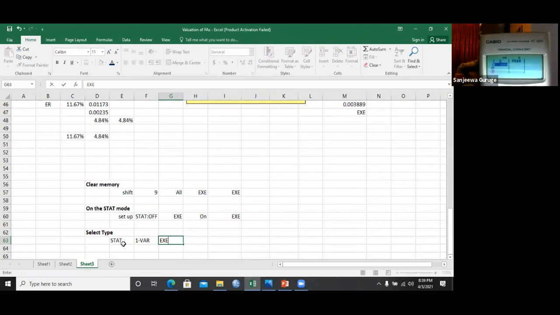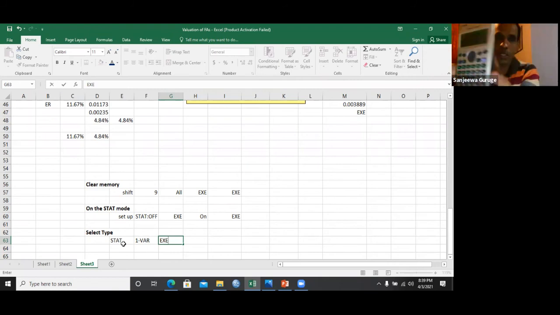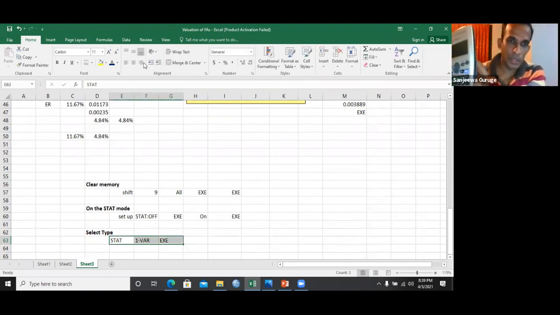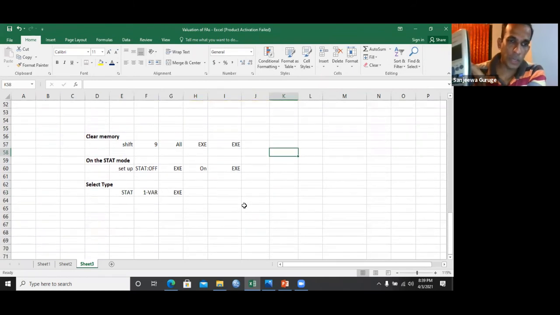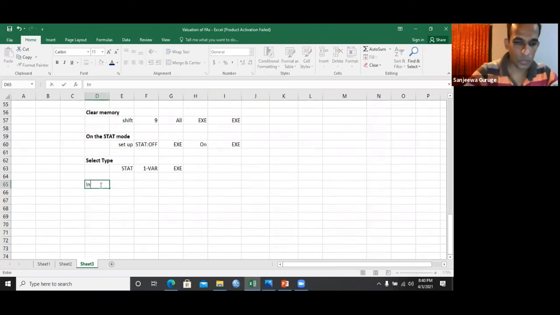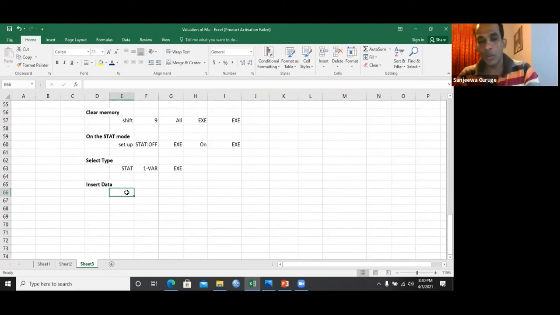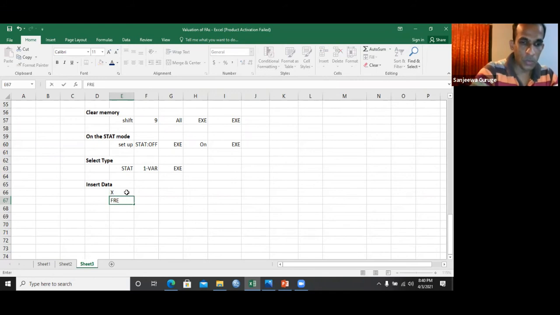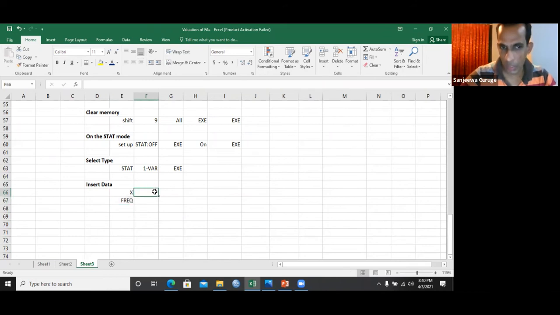Then you get these two columns, x and frequency, right? So when you select type, you get these two columns. Now it is a matter of inserting data. X means the return, and frequency is the probability.